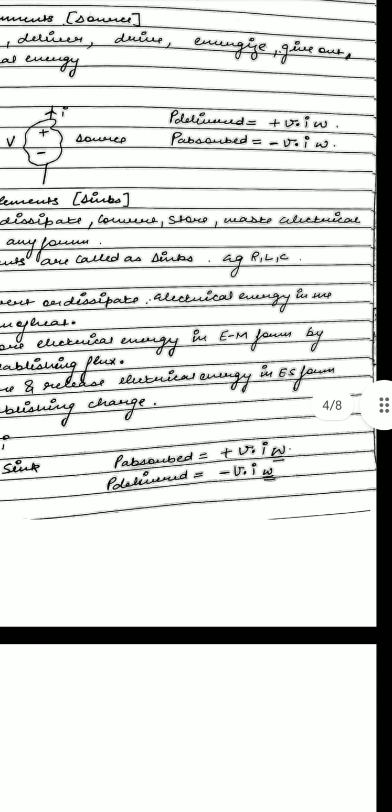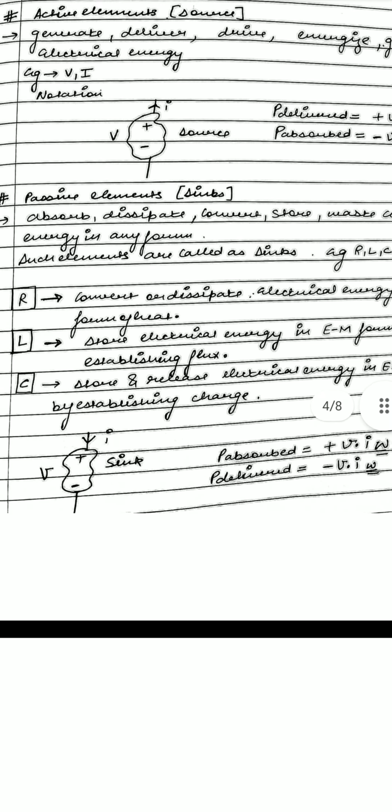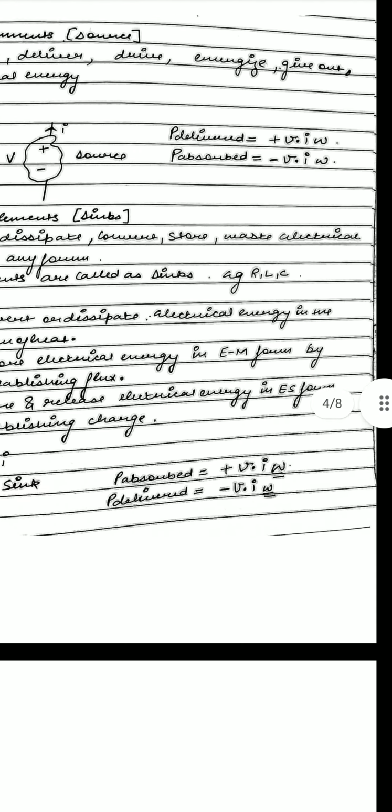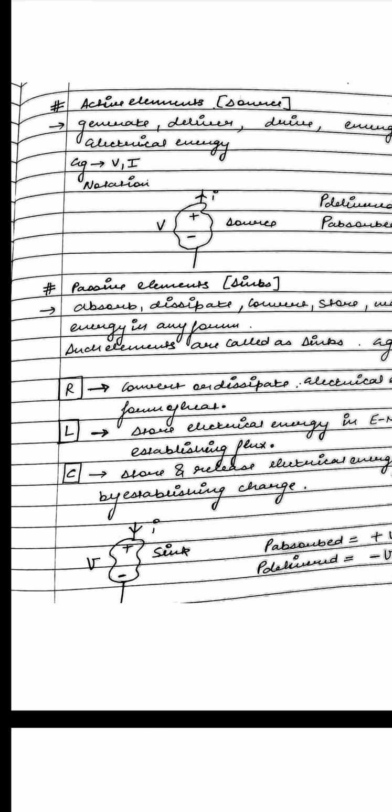Inductance stores electrical energy in electromagnetic form by establishing flux. Capacitance stores and releases electrical energy in electrostatic form by establishing charge. So it is basically charging and discharging. We use the names charging and discharging in the case of a capacitor, and store and release in the case of an inductor.